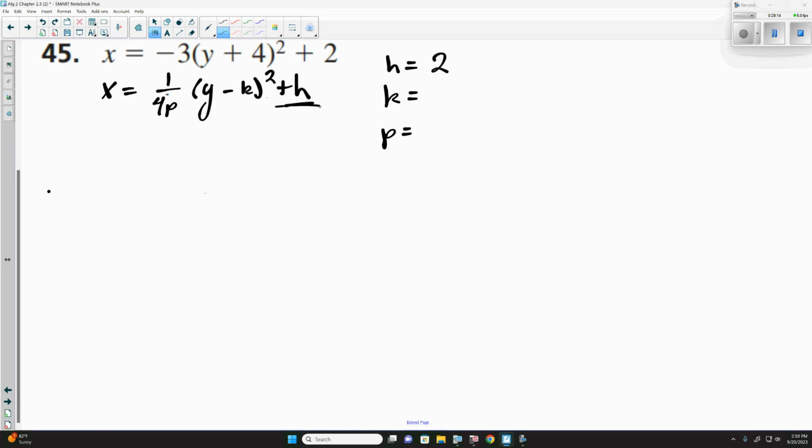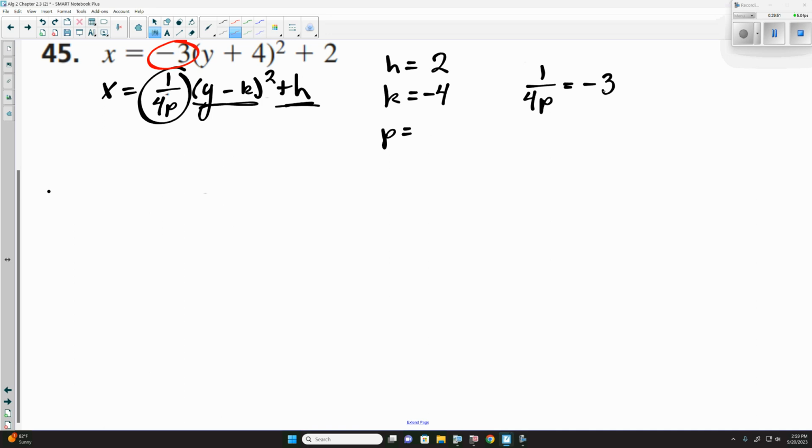X equals is the other way. Now, our value of k would be... Now for this one here, our 1/4p would be set equal to what? Because what's taking its place? Negative 3. So we're going to say 1/4p is negative 3.